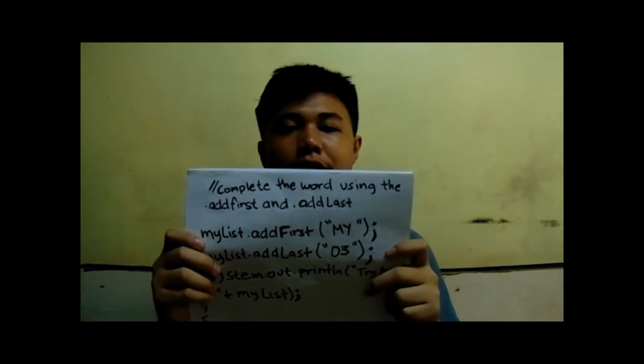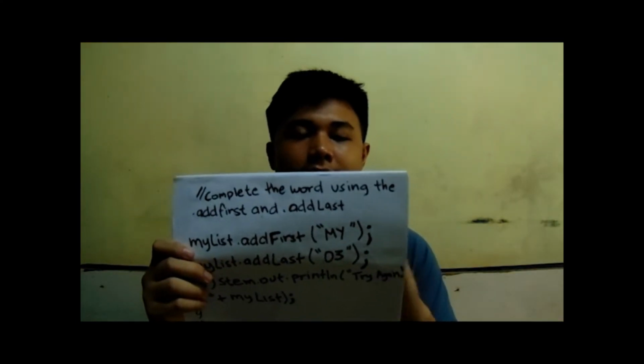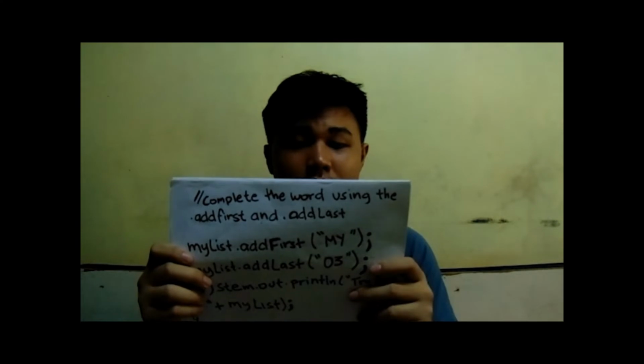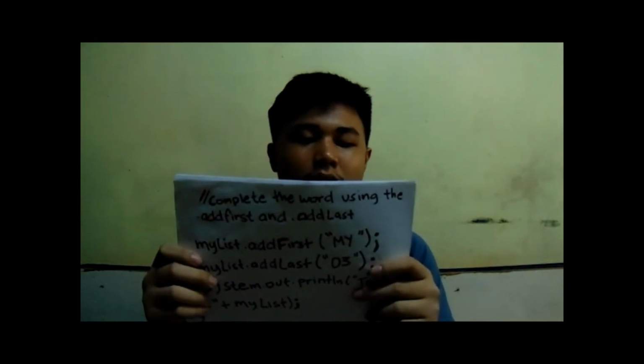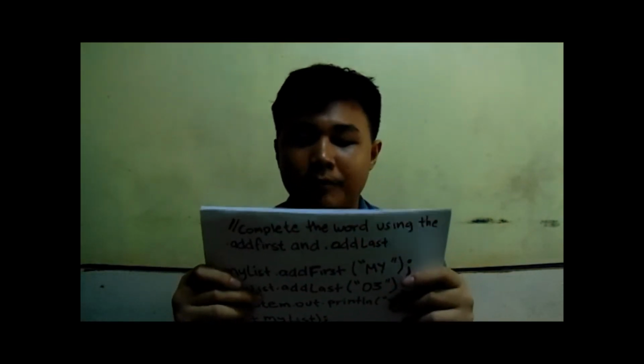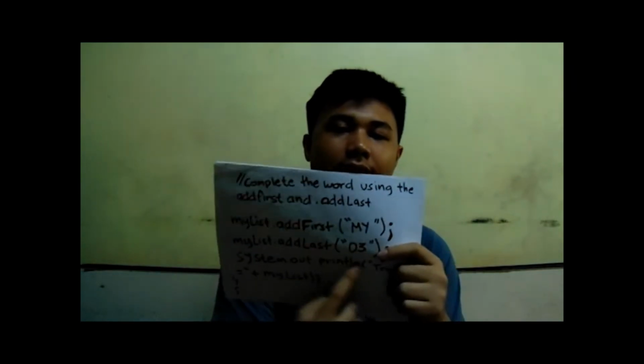Then, if you want to add in the first or in the last, use addFirst or addLast. To add at the beginning, use addFirst, following the lines like this. And if you want to put it in the last, use addLast.